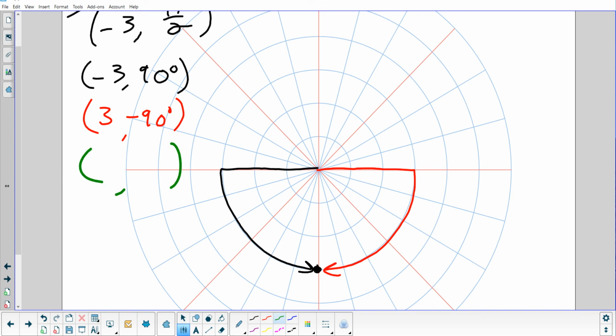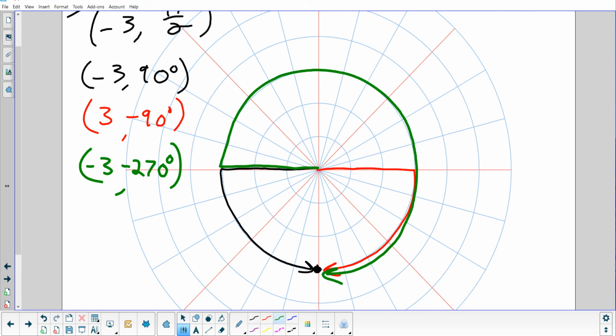What's another way? Yep. -3, -270. So -3 would bring me 3 this way, and then you said -270? Yes. Yep. -270 would bring me around clockwise. Just like that.